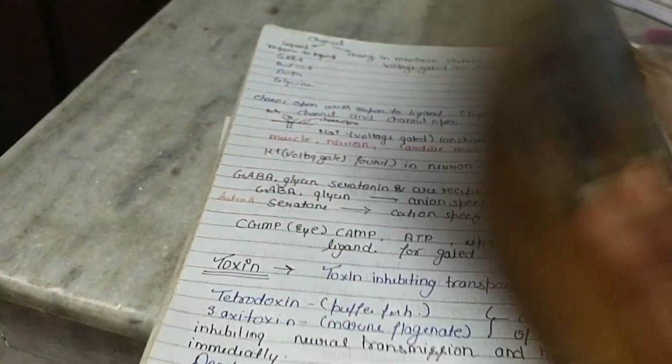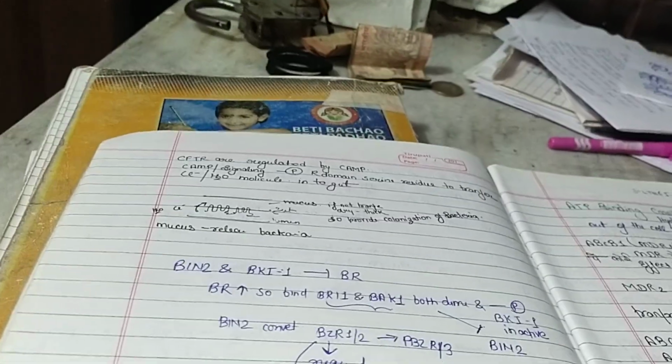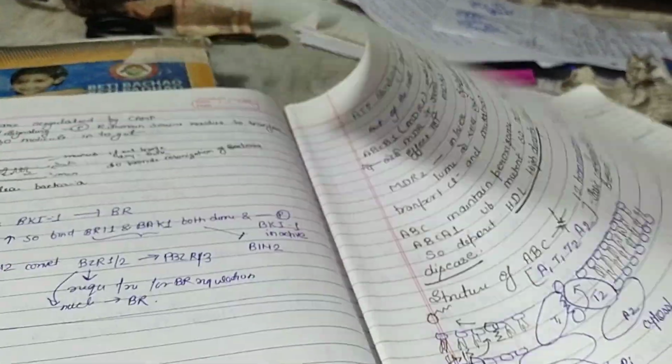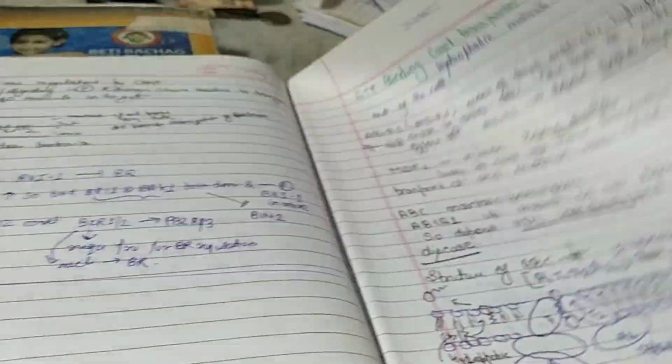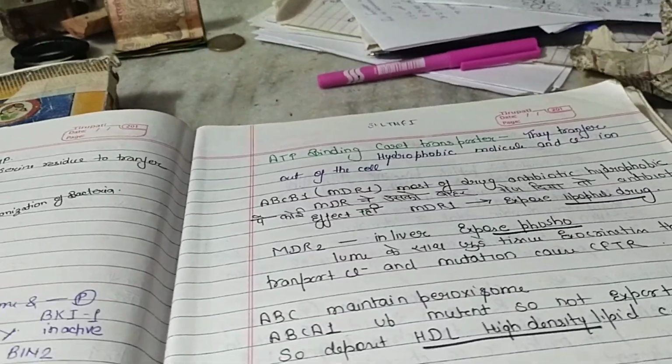It is done. Then let's discuss the ATP binding cassette channels. The ATP binding cassette transporters transfer hydrophobic molecules and chloride out of the cell.